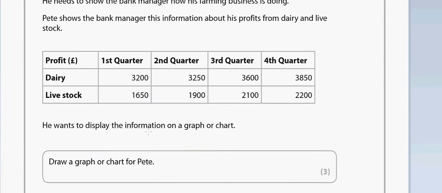And a key here to show which is which. So if I make this one the shaded one, then I can show that dairy, which is the higher one, is shaded.